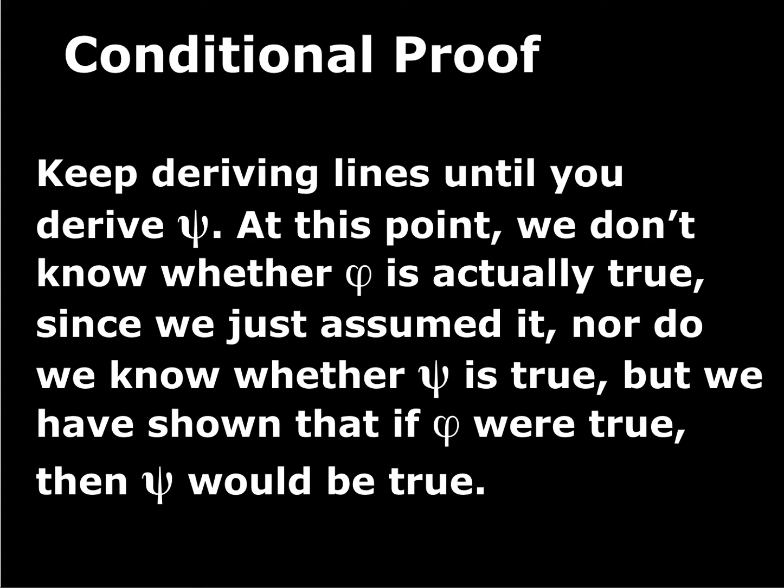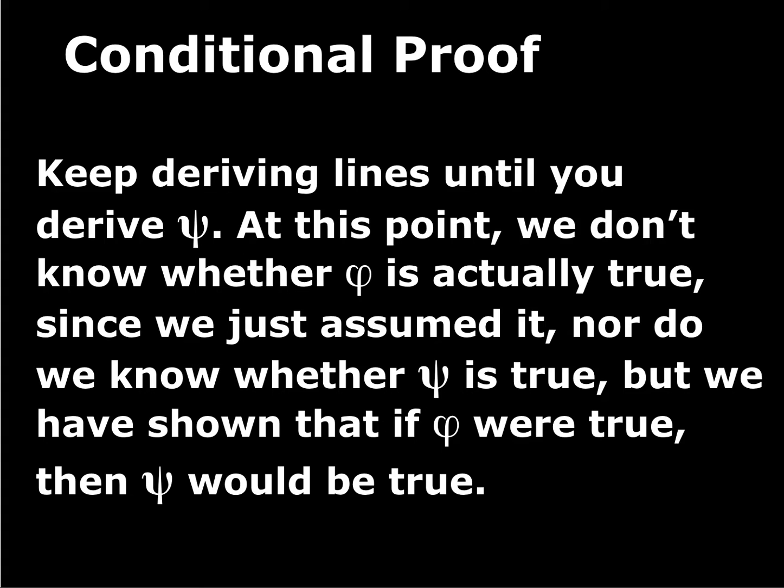And we don't know if psi is true, assuming you actually did manage to derive psi, right? We don't know if it really is true because we got to psi only by pretending phi was true, right? But what you do know is that the conditional is true, right? You do know that if phi, then psi, right?